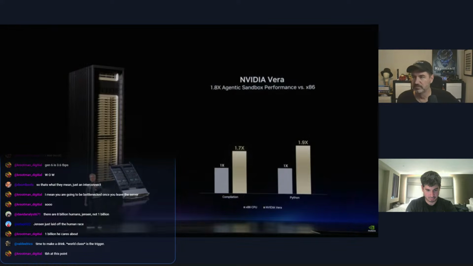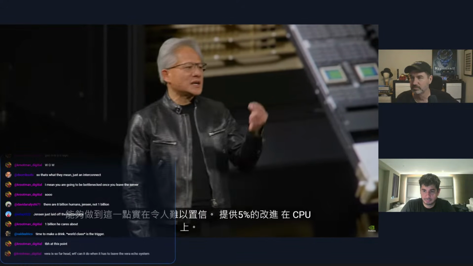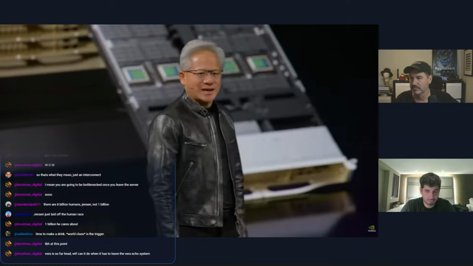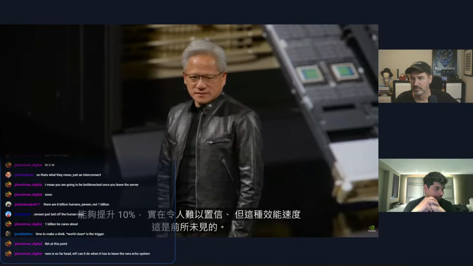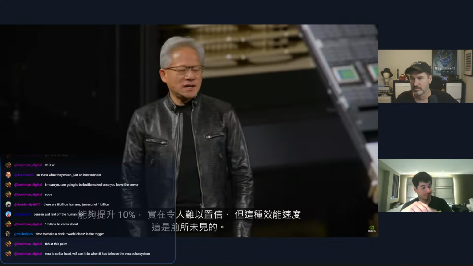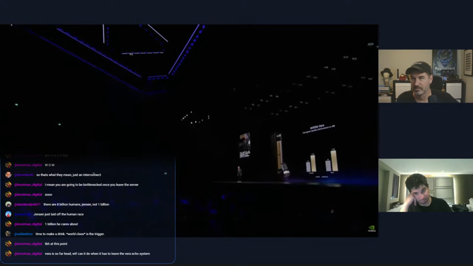It is incredible to be able to deliver a 5% improvement on CPUs. It is incredible to be able to deliver 10%. But this kind of performance speedup is just unheard of. This is Nvidia Vera. What do you think? Let's take a look.